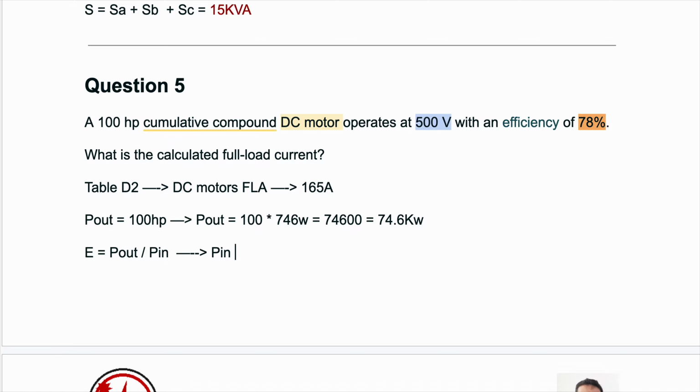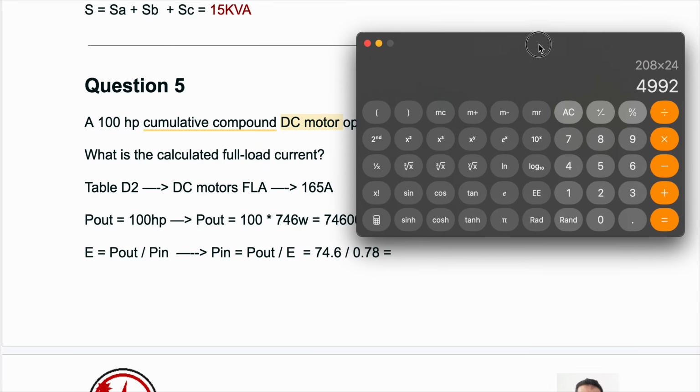If we want to calculate the P in, we can change this equation: P in equals P out divided by efficiency. P out was 4.6, and the efficiency was 0.78, so we can calculate it.